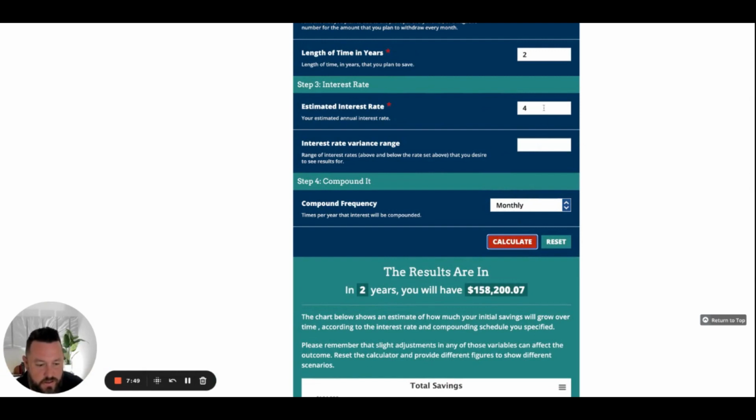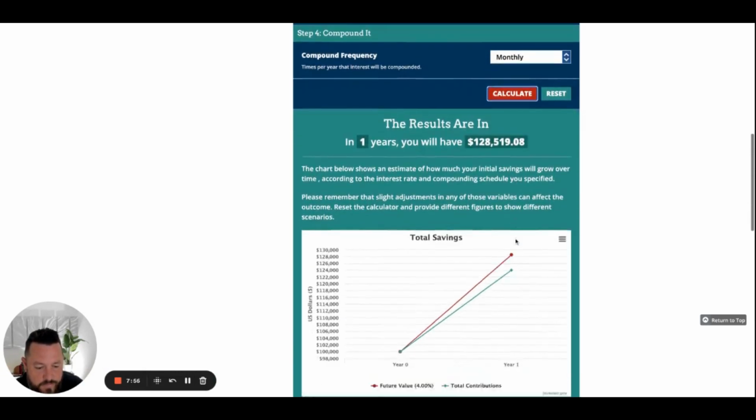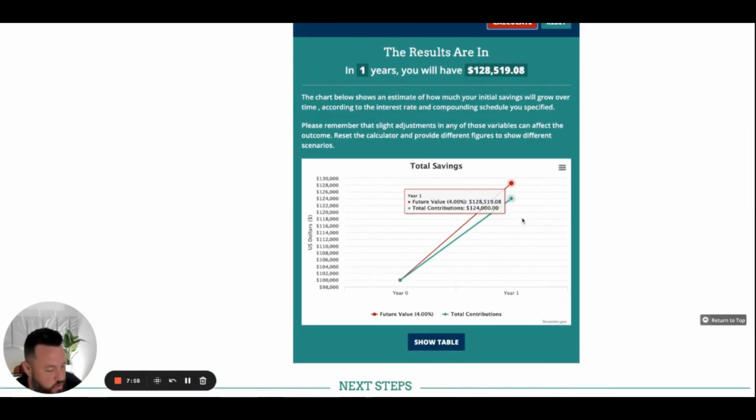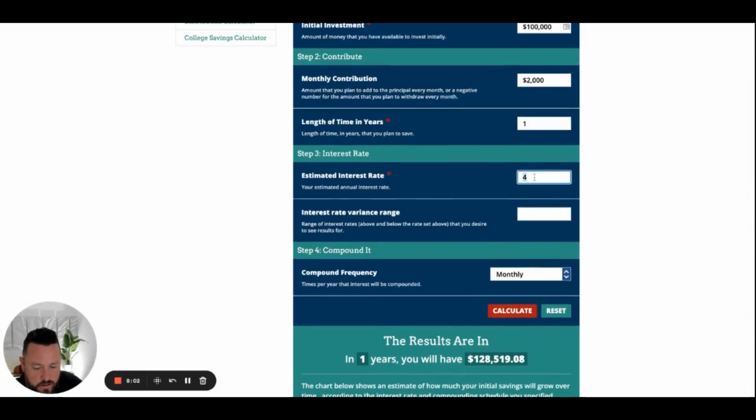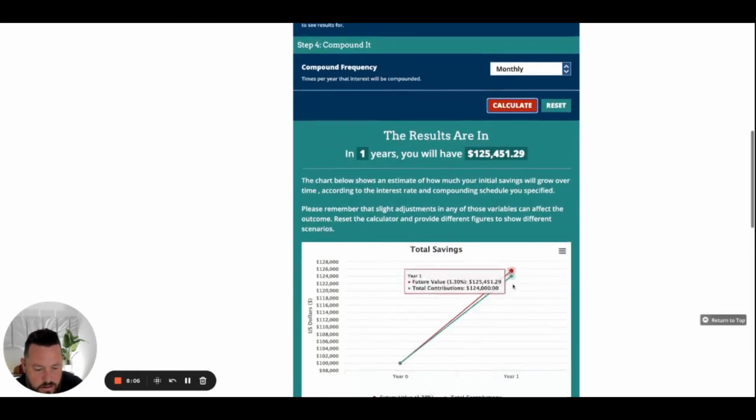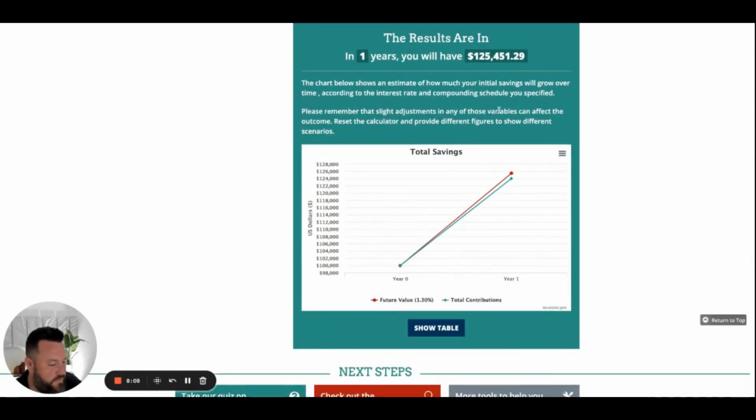If you have 1 year left to go, at 4% it is 129 versus 125. So that's a difference of $4,000. Now, the longer you are in, the bigger that compound difference will make.